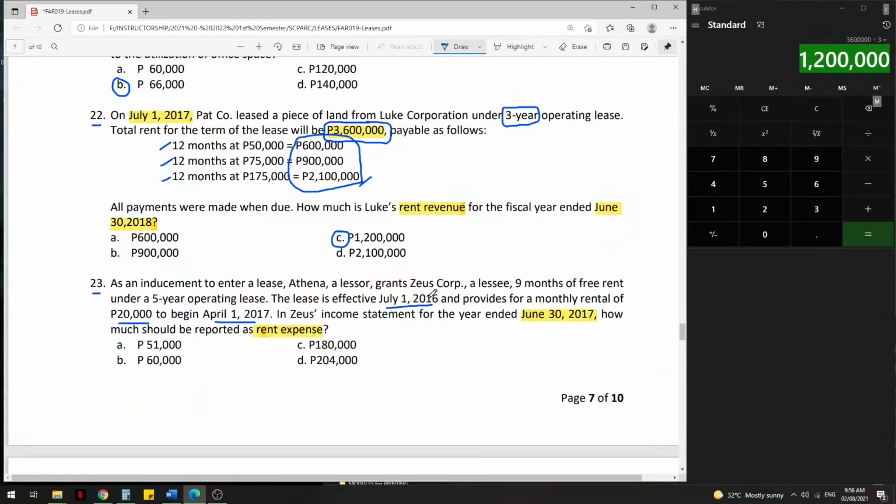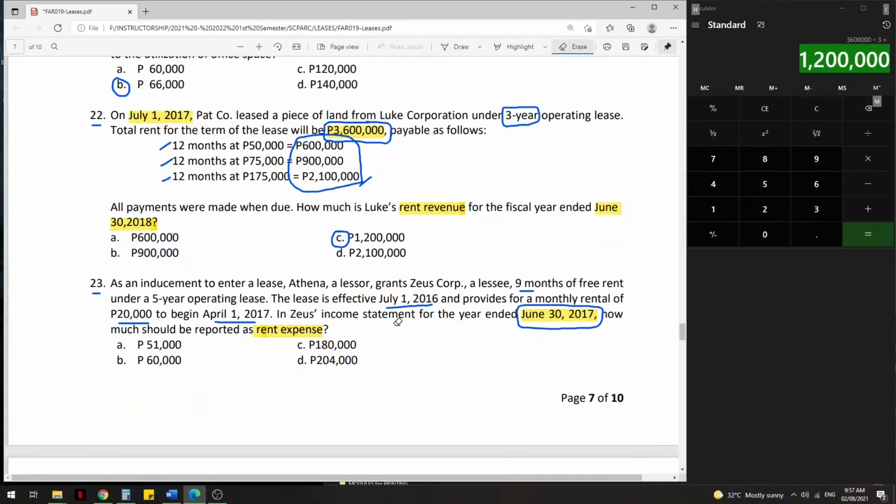From July 1, 2016 up to March 31, 2017, wala tayong babayaran, or 9 months. The first 9 months of the lease, walang babayaran. Ang saya. Pero yung tinatanong dito, guys, is what is in the income statement of Zeus? What is rent expense for June 30, 2017?